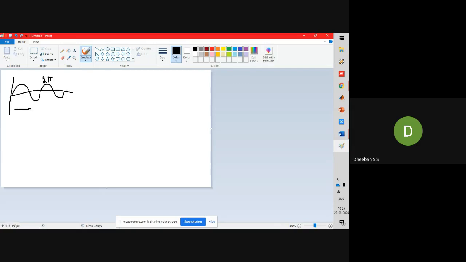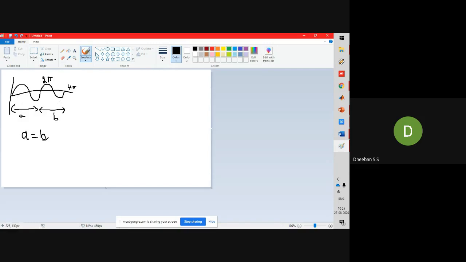So this is the signal pattern A for time period 2 pi, and this is signal pattern B for time period 4 pi. These two patterns will be the same in all values, so your A value will be equal to your B value. Then this represents a periodic signal.